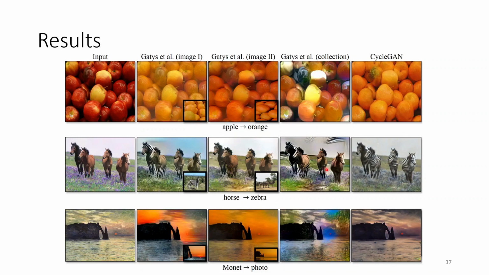And when you use the collection, there are some problems. I should say there are some artifacts. For example, in the sky, it generates some zebra stripes here, and they only generate partial zebra patterns on the horse. But the authors of CycleGAN want to show that their method can generate a better result, more stable, more consistent.